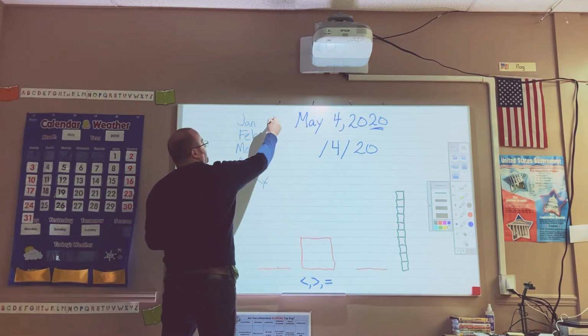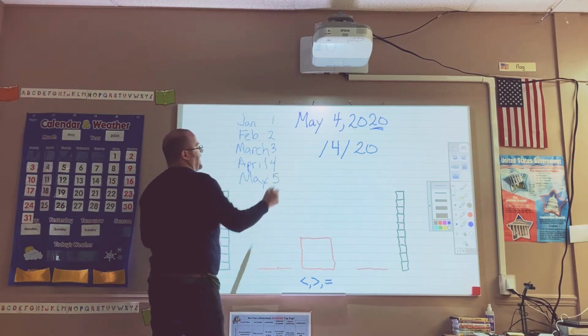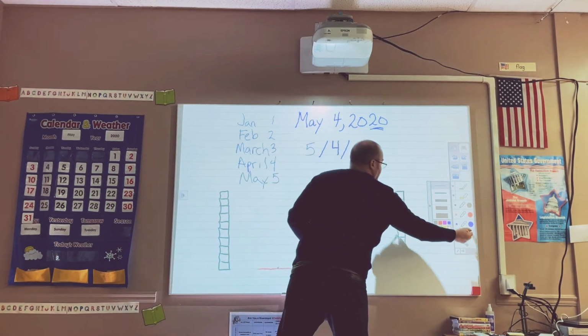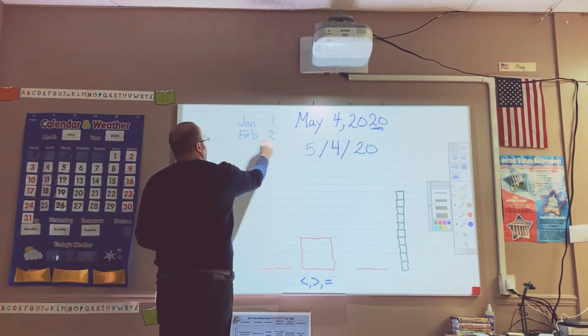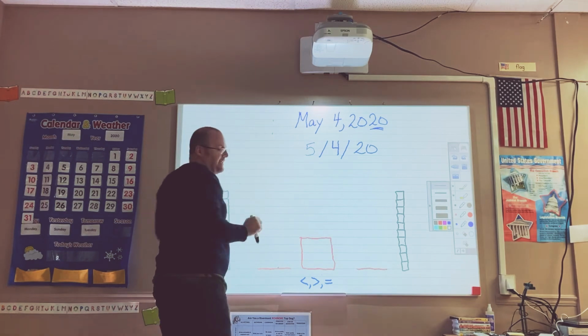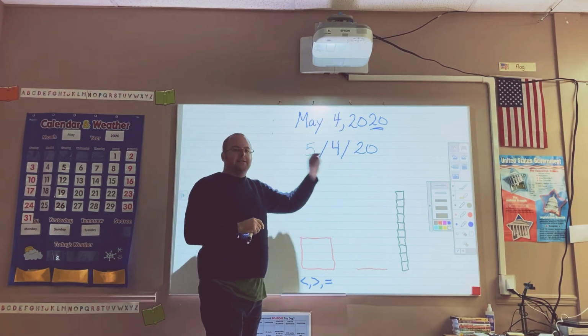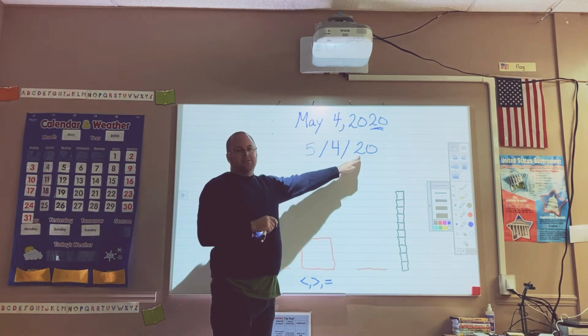Now I can count them. 1, 2, 3, 4, and 5. May is the 5th month of the year. So if I wanted to write that in the normal adult or big kid way, I would say that it is 5/4/20. That tells anybody who looks at it that it is May 4th, 2020.